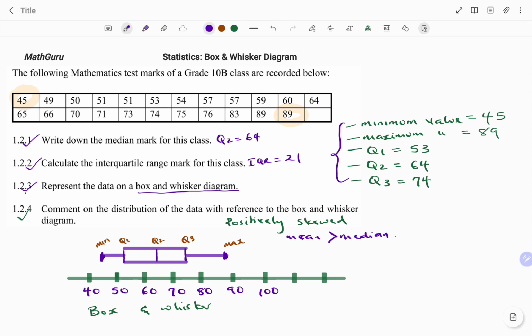If you calculate your mean for this distribution, my mean is around 64.3 to 1 decimal place, and my median is 64, so that means it's positively skewed.